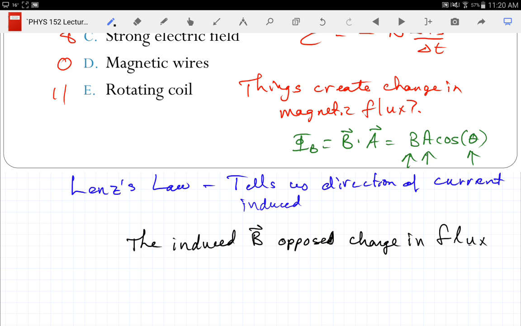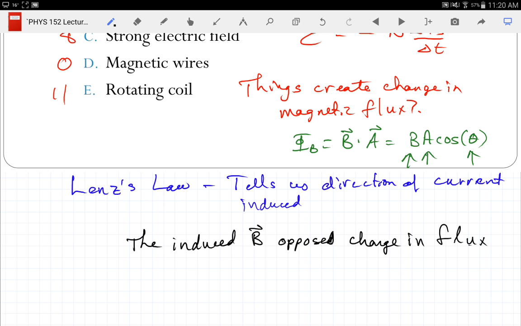It increased. So Lenz's law says the induced EMF is going to oppose the change in magnetic field. So the magnetic field, if these ends were north, is going this direction and getting stronger. Lenz's law says the induced magnetic field is going to oppose that. So the induced magnetic field is going to have to be pointing this direction.